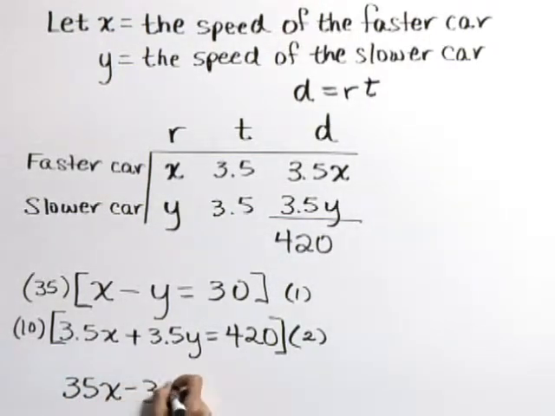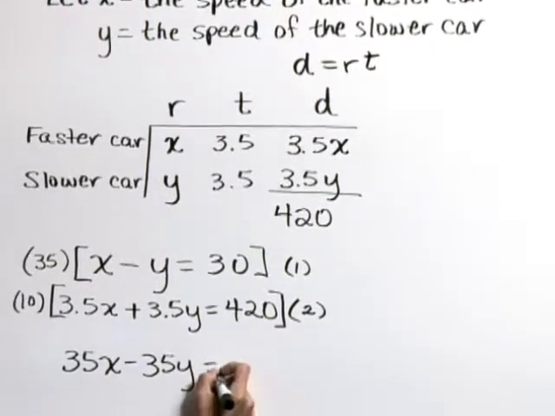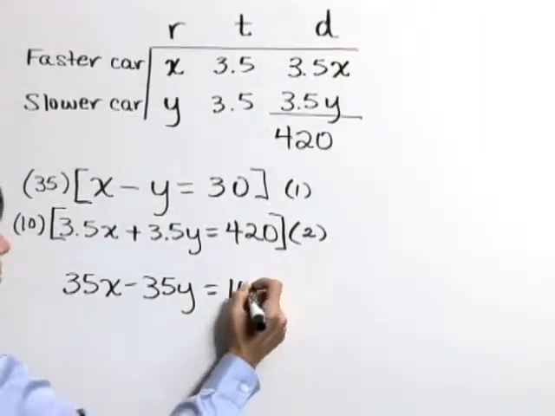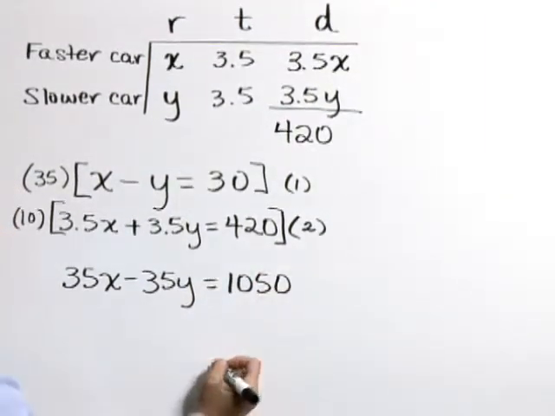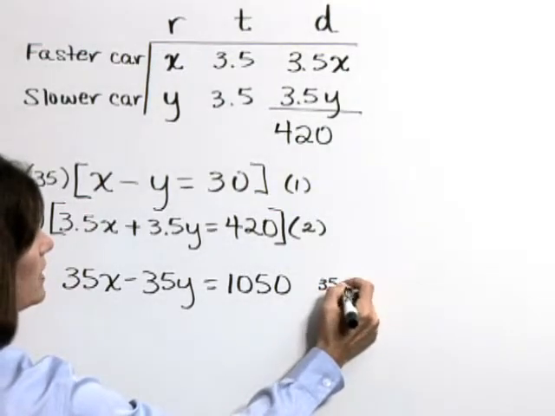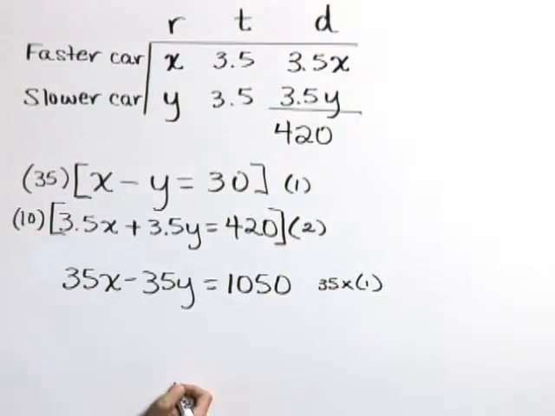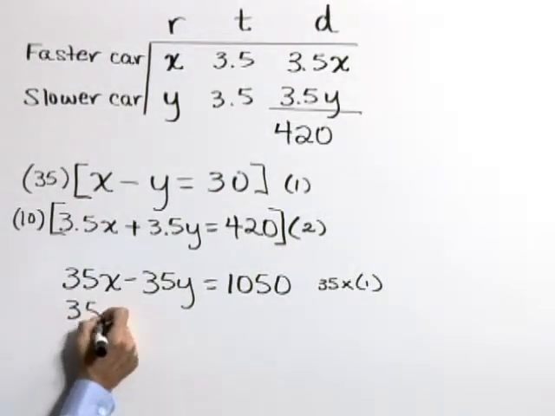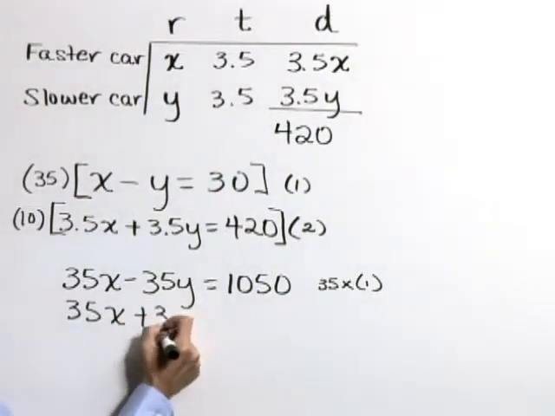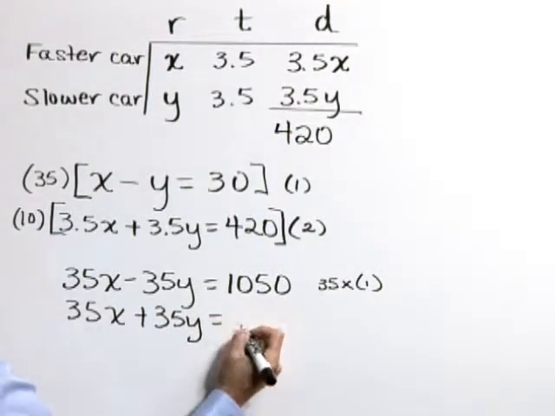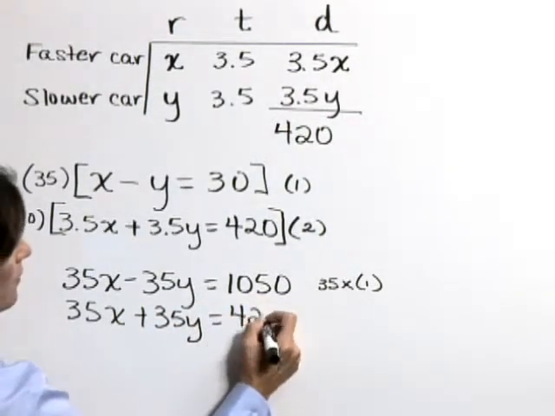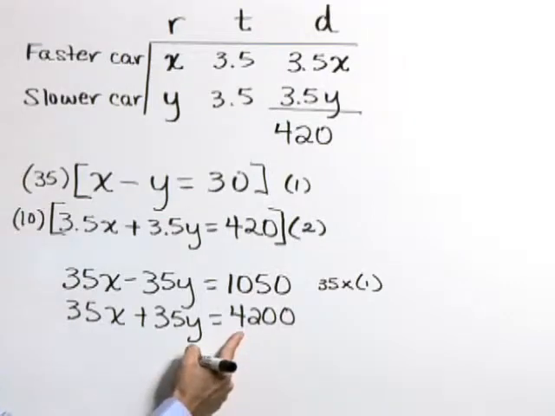Here we go. So equation 1 becomes 35x minus 35y is equal to 1,050. Again, that was 35 times equation 1. Equation 2 becomes 35x plus 35y is equal to 4,200.